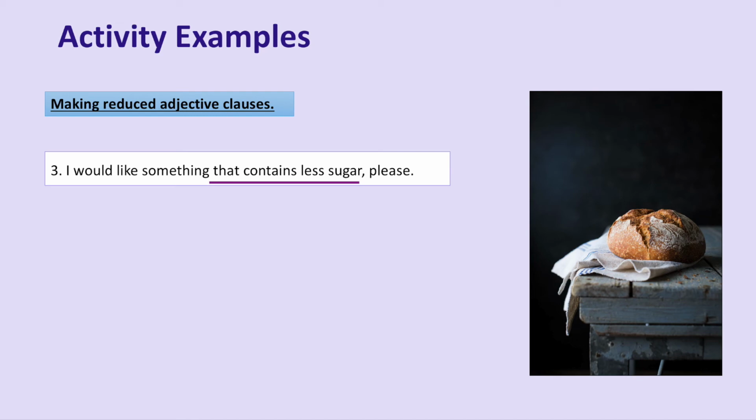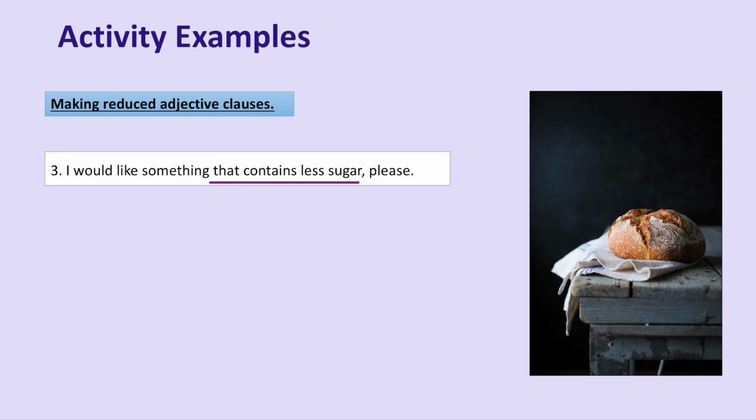Look at number 3. I would like something that contains less sugar, please. Here, our adjective clause has the connector, so the first step is to eliminate the connector that. Then, we do not have a be verb in this clause.